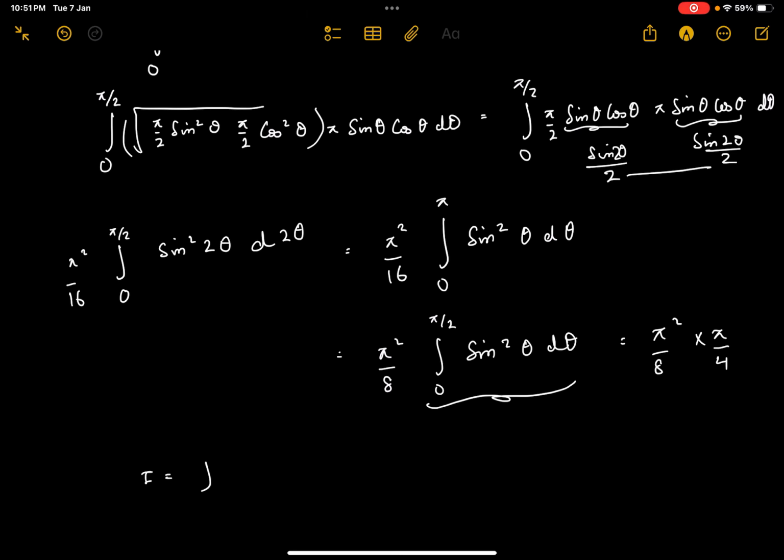For that we simply use this trick. I is equal to integration 0 to pi by 2 sine square theta, which is equal to 0 to pi by 2 cos square theta d theta by King's rule, which gives us 2I is integration 0 to pi by 2 of sine square theta plus cos square theta, that is 1.